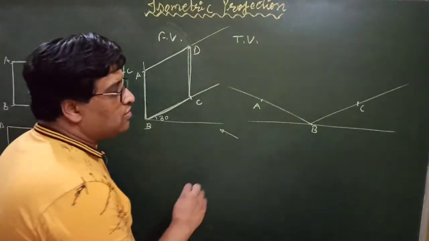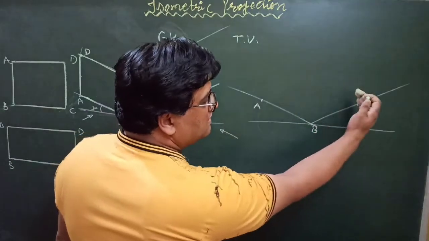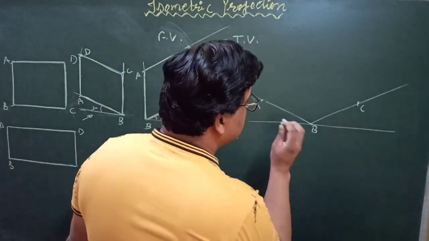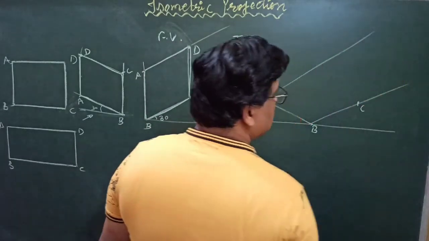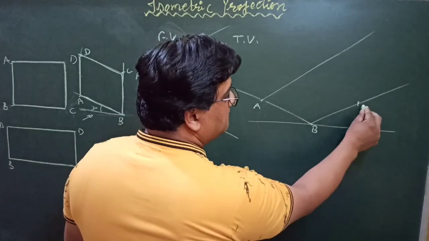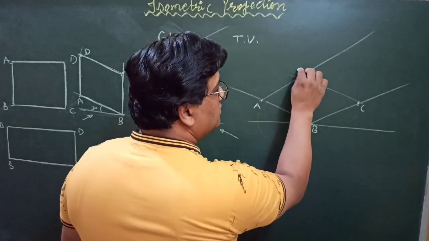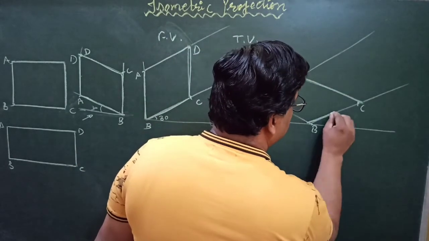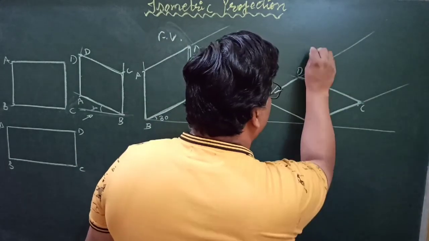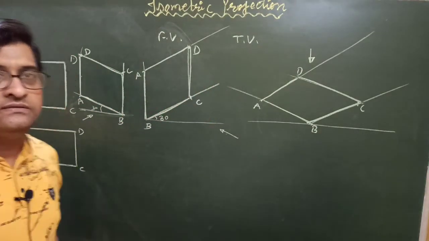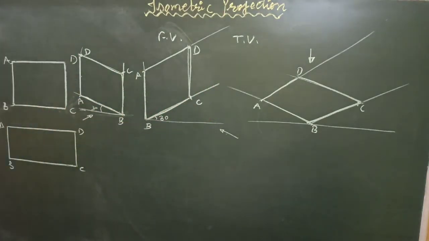Then again draw parallel lines from A and C: a line from A parallel to BC, and a line from C parallel to AB, so as to cut at point D. So this will be the top view of this square. In this manner you can draw the front view and top view in the isometric projection.